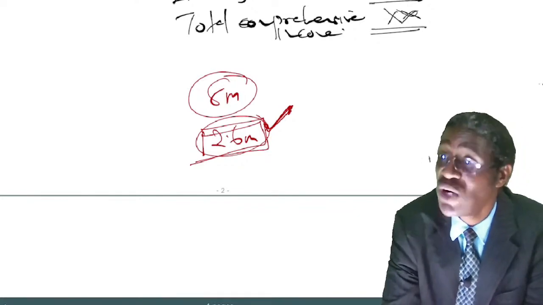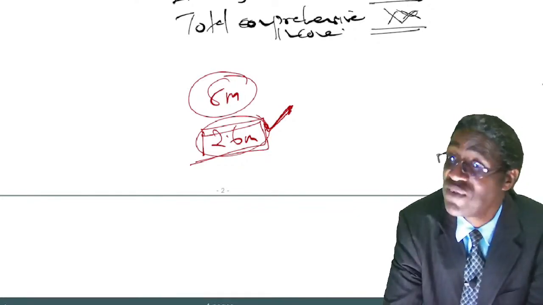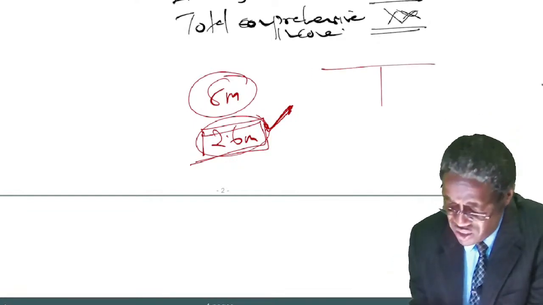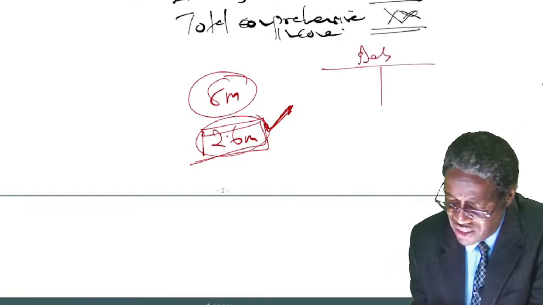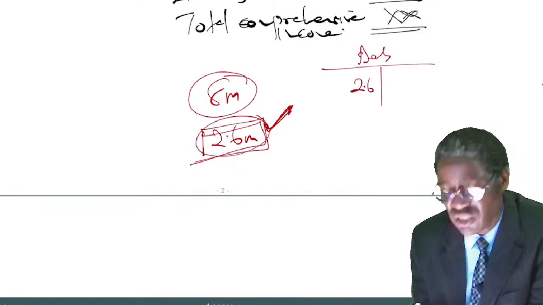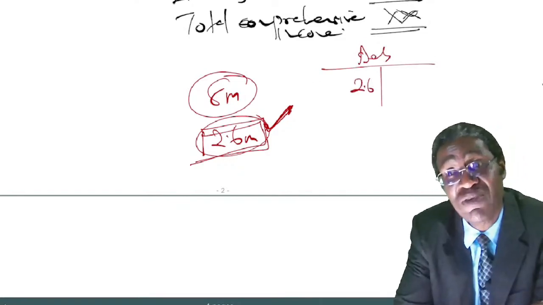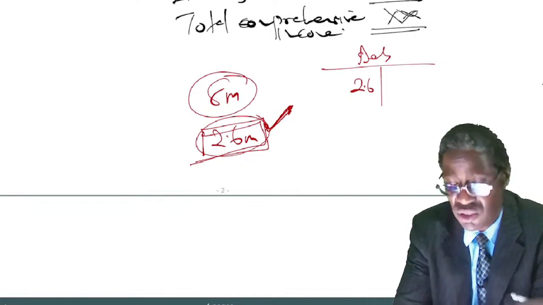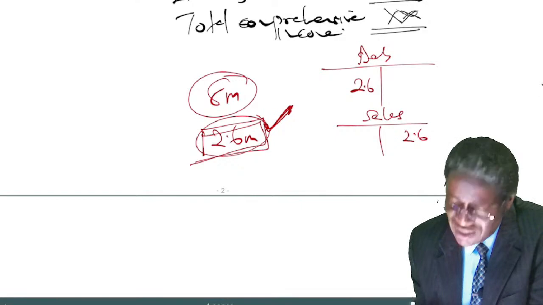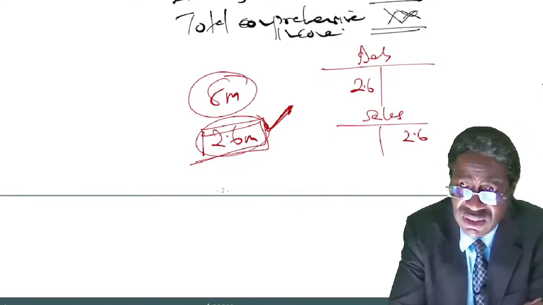So what did you do when you sold them? You must have debited debtors. You must have credited sales. That's obvious. You must have debited debtors initially by 8 million, but out of 8 million, only now 2.6 is remaining. So you must have debited debtors by 2.6. You must have credited what? Sales. Don't write. But then the question is this.